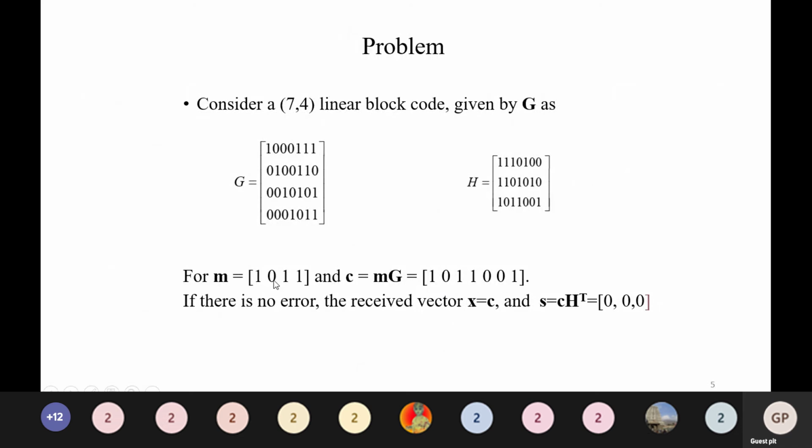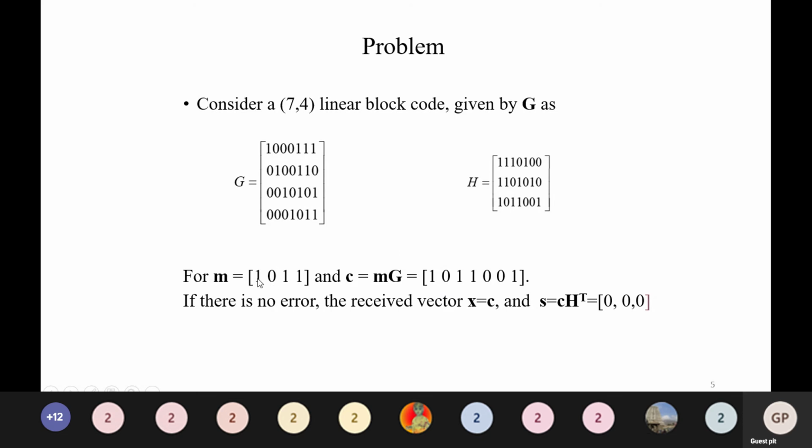Since there are 4 inputs, you can have 16 possible combinations of the message, for example the message 1011.